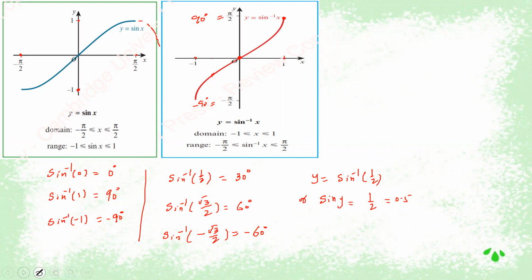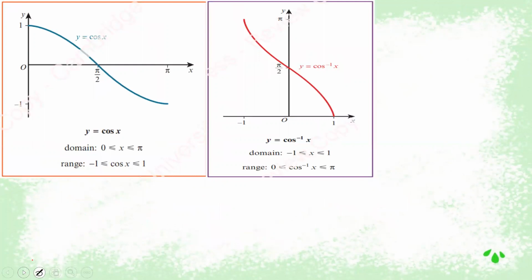Next slide. Yeah, this one cos. So remember that again the basic idea is same.